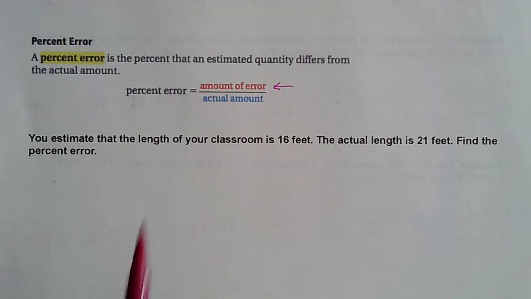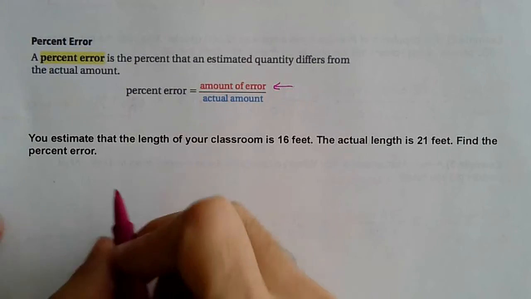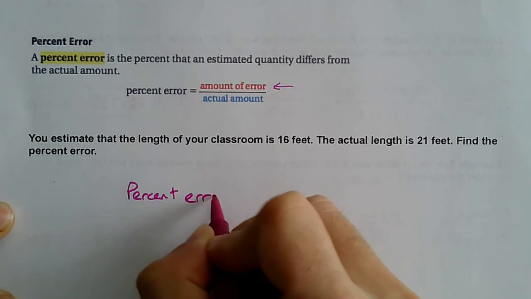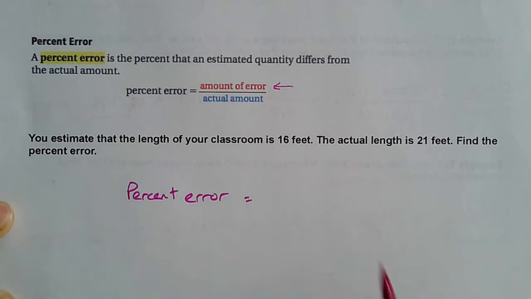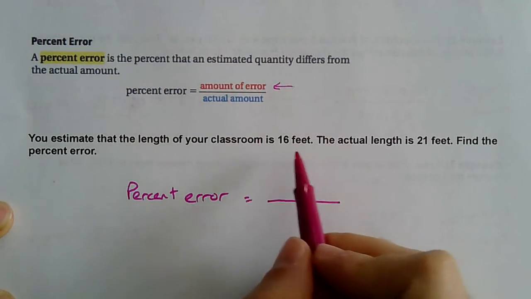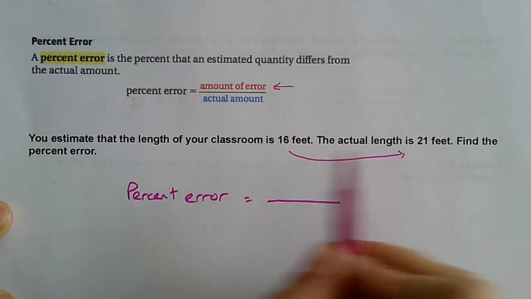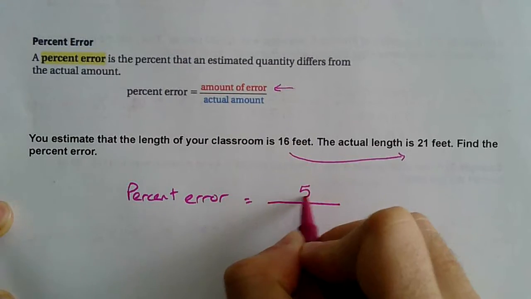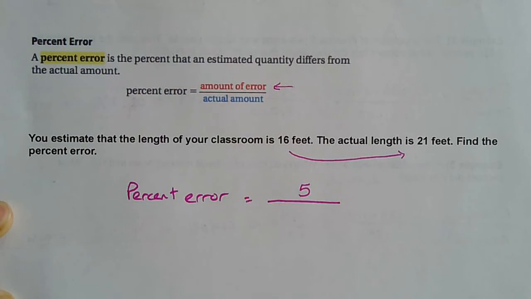You estimate that the length of your classroom is 16 feet. The actual length is 21 feet. Find the percent error. So percent error from our formula above is equal to the amount of error. How off were we? We estimated 16. It actually was 21. So we have an error of 5 feet.